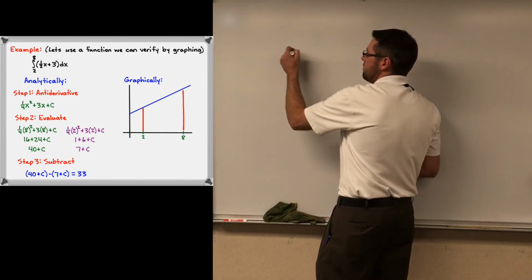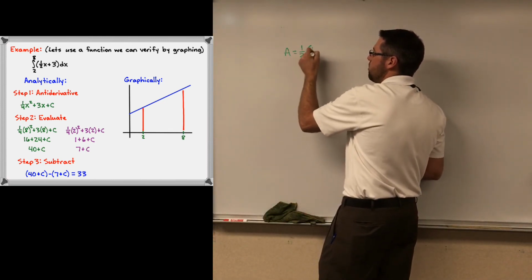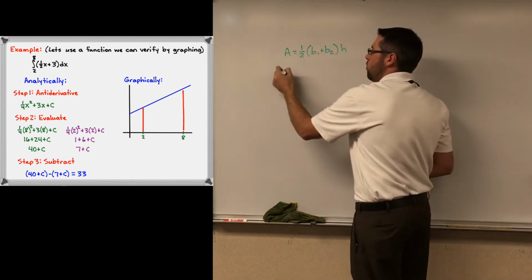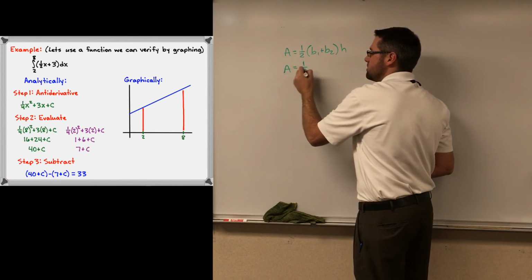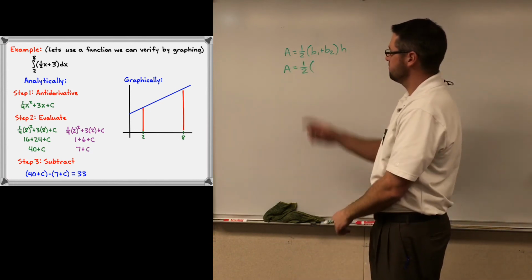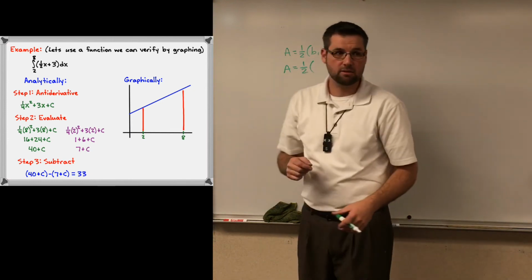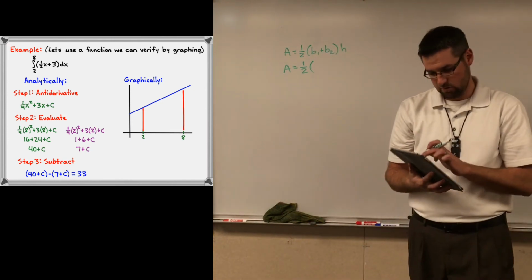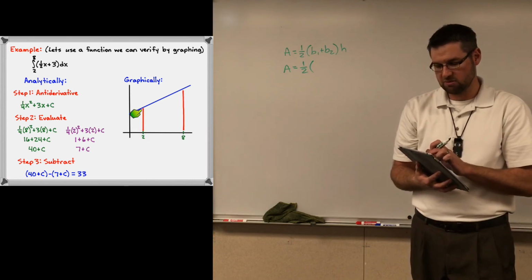Area equals 1/2 of (B1 plus B2) times height, right? What is base 1 and base 2? Remember, the bases are always what in a trapezoid? Parallel. So this is base 1.